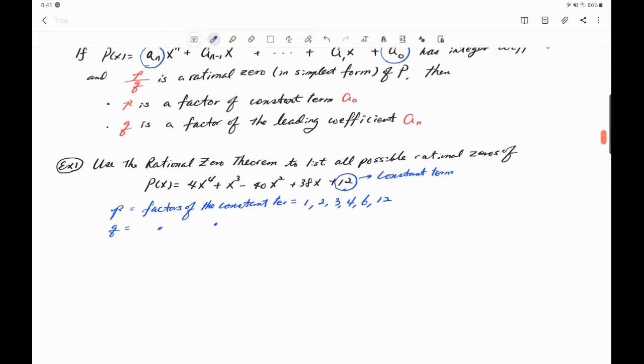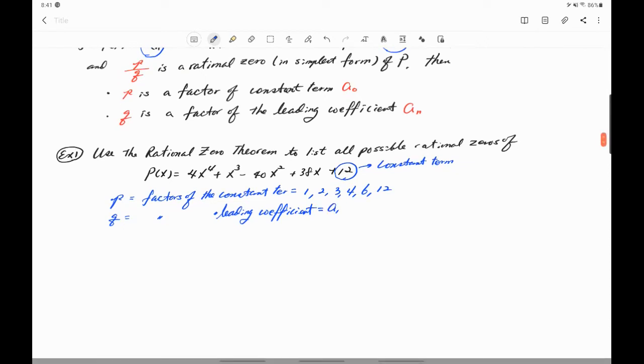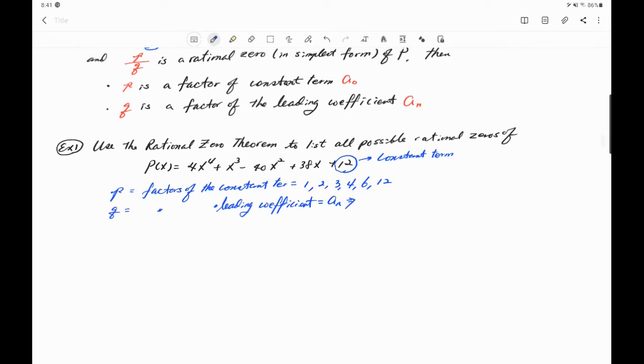The leading coefficient, which is a0, I'm sorry, an. Then it is 4, right? So the factors are 1, 2, and 4.